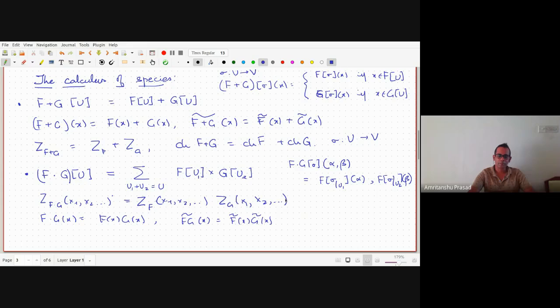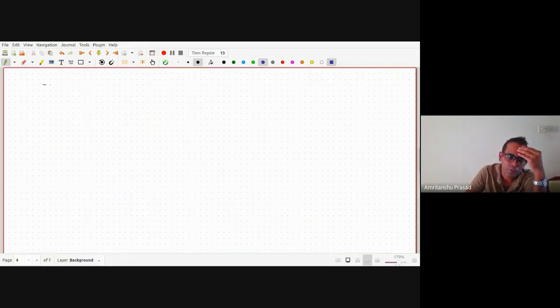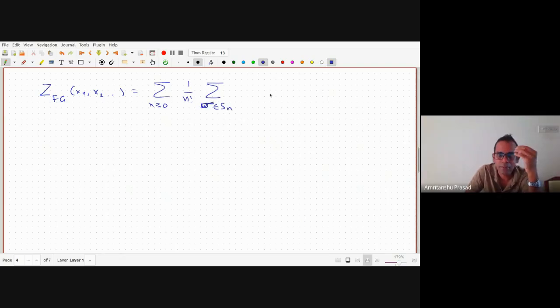You should try to do it, but maybe I'll just show you the proof. We take Z_{F·G}(x1, x2) and calculate this. So we have sigma belonging to S_n, and then we have the sum over F·G(n) invariant under sigma, with x1 raised to m1, x2 raised to m2, where m_i is the number of i-cycles in sigma.